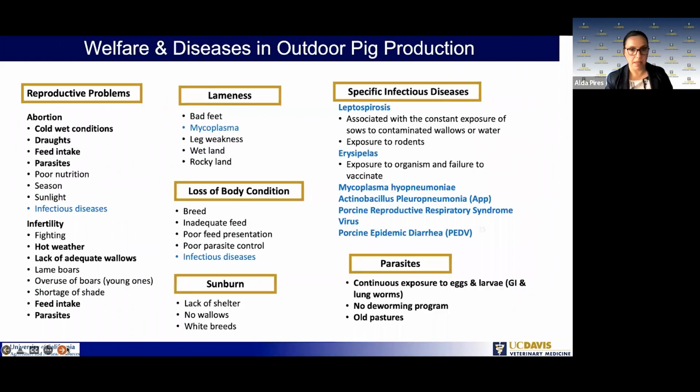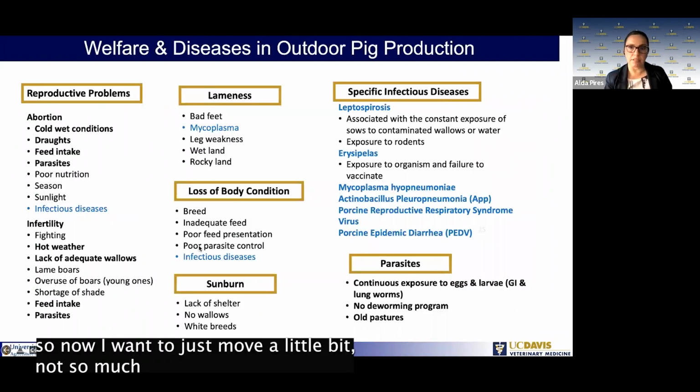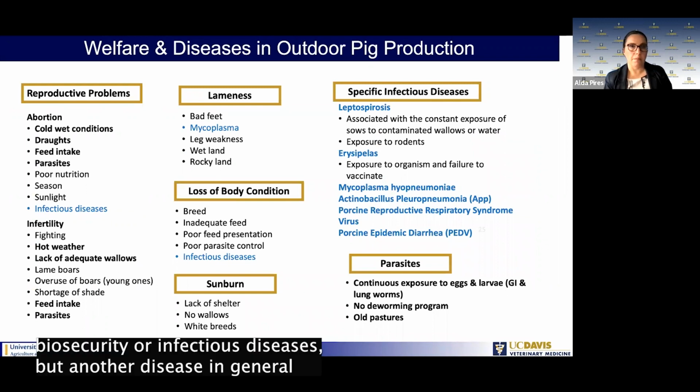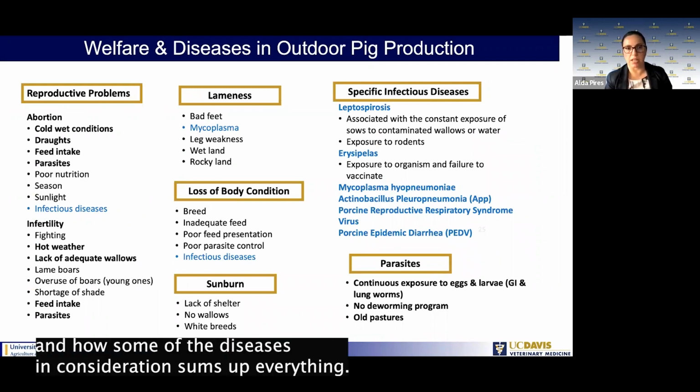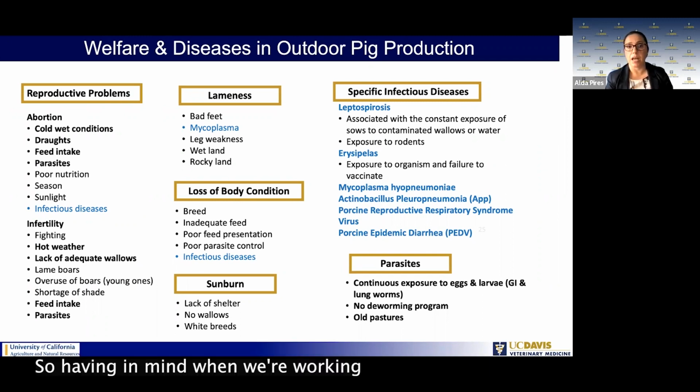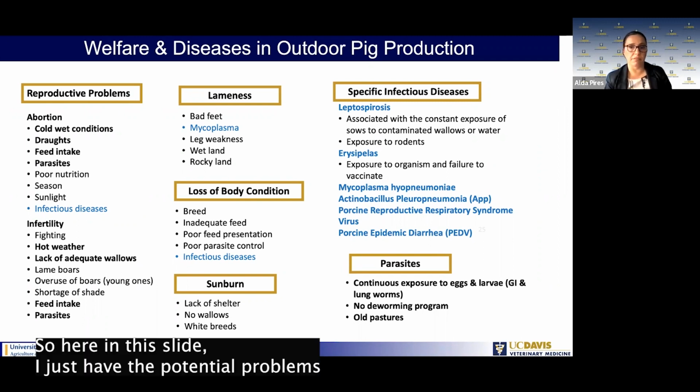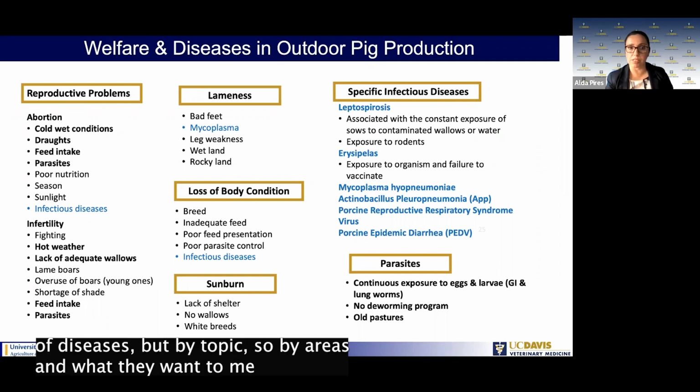So now I want to move a little bit, not so much on biosecurity or infectious diseases, but to other diseases in general, and some of the diseases and husbandry considerations to have in mind when we're working with outdoor pig production. In this slide, I just have the potential problems or diseases by topics or by areas.